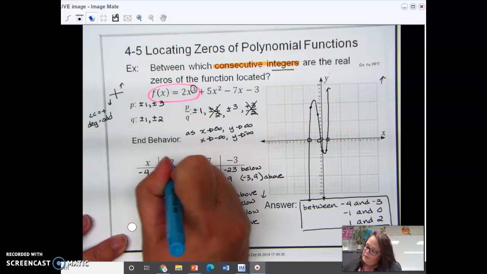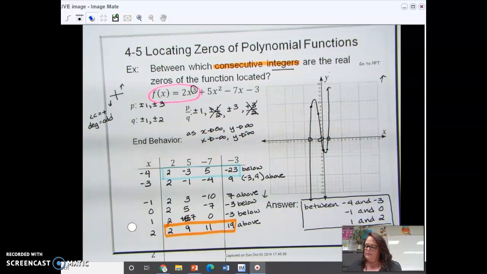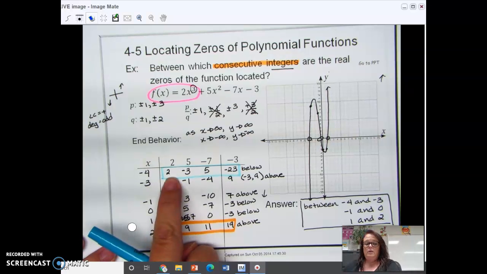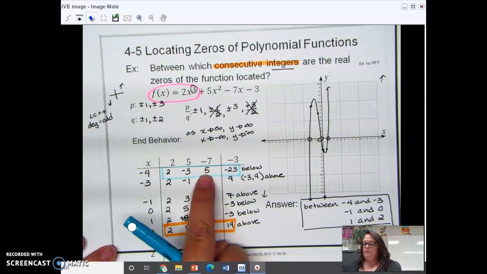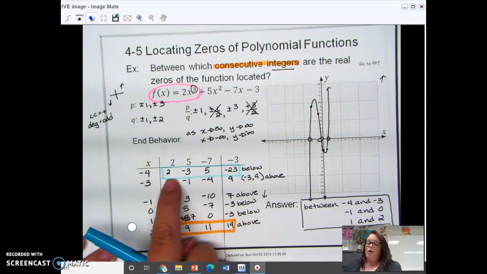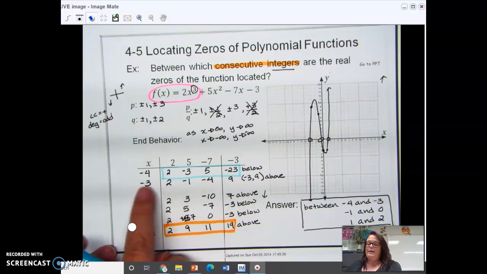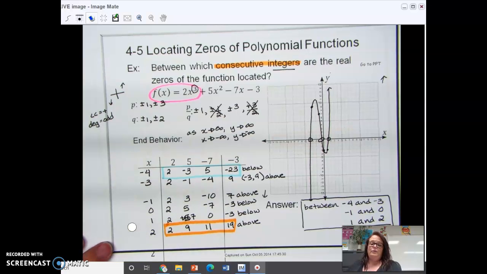So if I look at the quotient and the remainder, something interesting happens. We've got a positive 2, a negative 3, a positive 5, and a negative 23. So if I can get these to be alternating, positive, negative, then I know that number is a lower bound, and I don't have to check any numbers smaller than negative 4 because they won't come up to the x-axis.